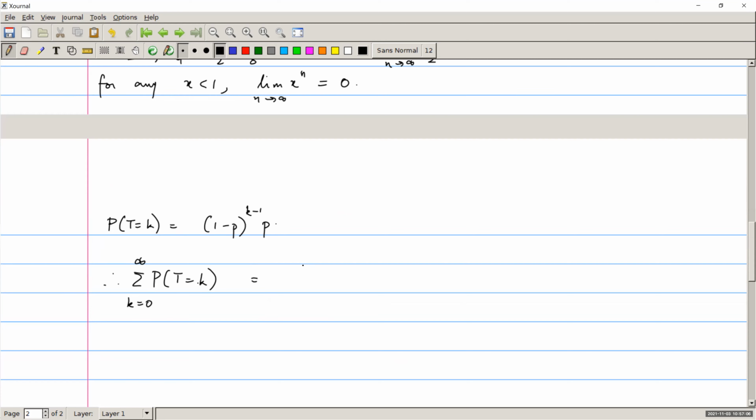Once again, this is the sum from k equals 0 to infinity of 1 minus p to the k minus 1 times p.